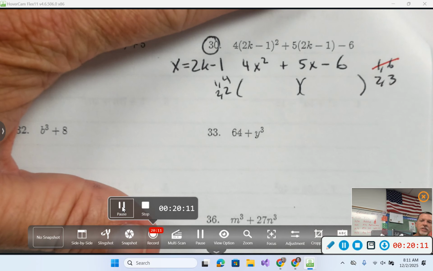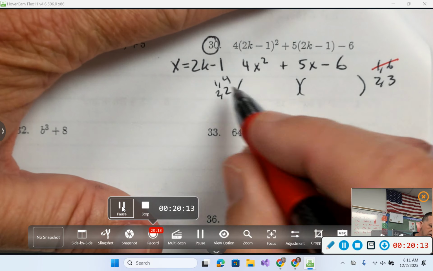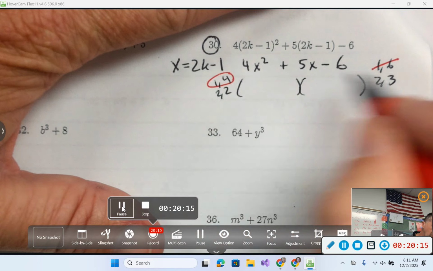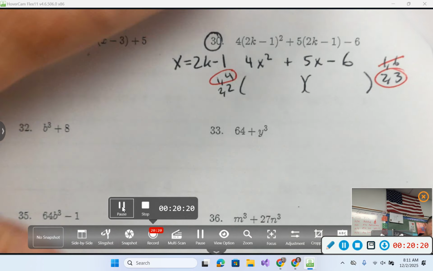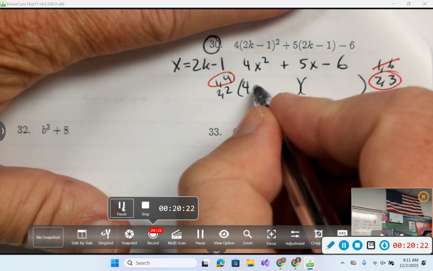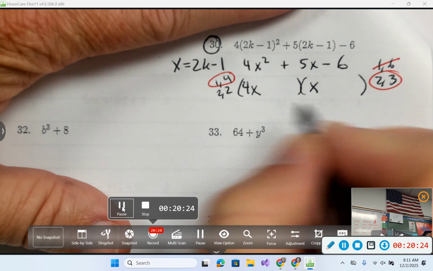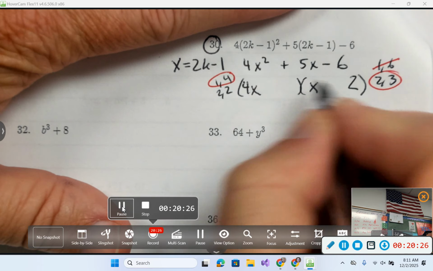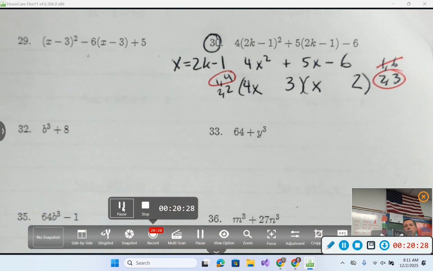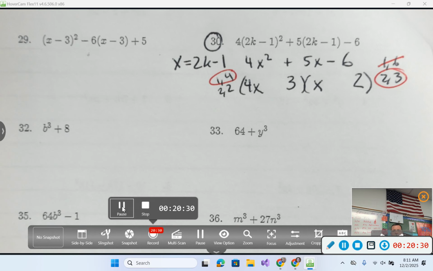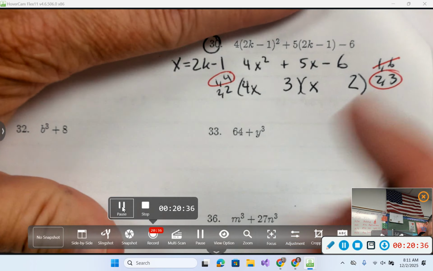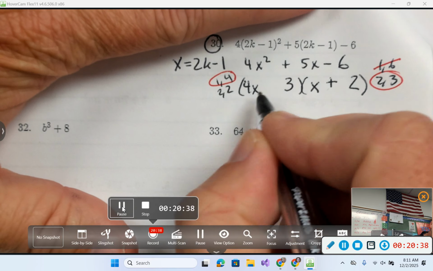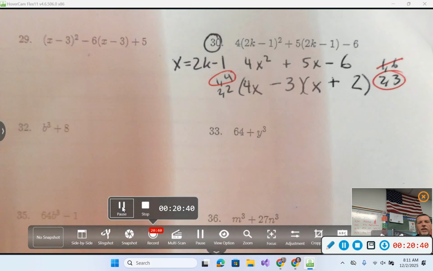That's not going to work, so he's out. 4 times 2 is 8, and 8 minus 3 is 5. So go 4x and x. But I need the 2 across from the 4, and I want the 8 to be positive and the 3 to be negative.